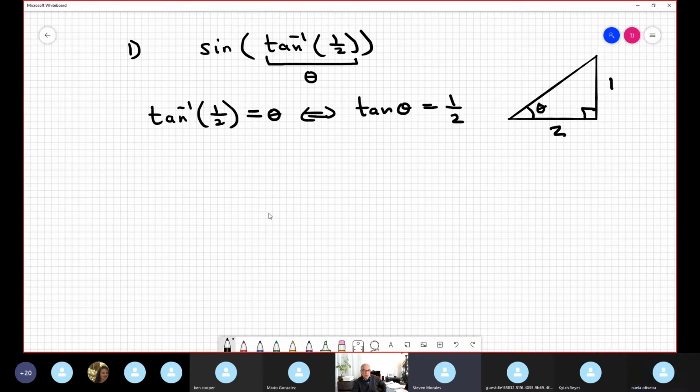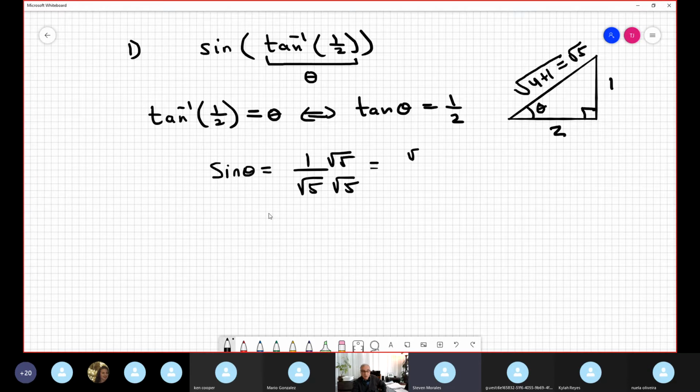You want to find sine, so you need to find the hypotenuse. The hypotenuse is the square root of 4 plus 1, which is radical 5. Therefore sine theta is opposite, 1, over hypotenuse, radical 5. Rationalize: the answer is radical 5 over 5. End of the story.